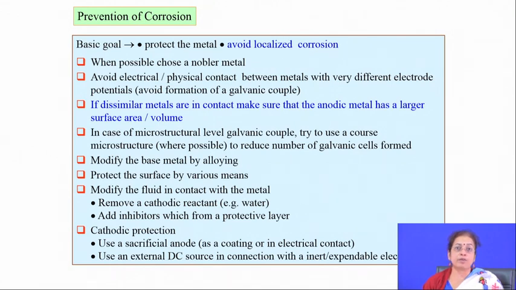Even if it is formed, it is uniform all throughout. Modify the base alloy by alloying, then protect the surface by various means like painting, or use some alloying operation or some coating. Modify the fluid by the application of different inhibitors, and cathodic protection or anodic protection. Cathodic protection uses a sacrificial anode or an external DC source in connection with an inert electrode.